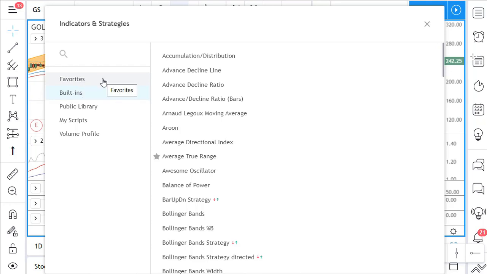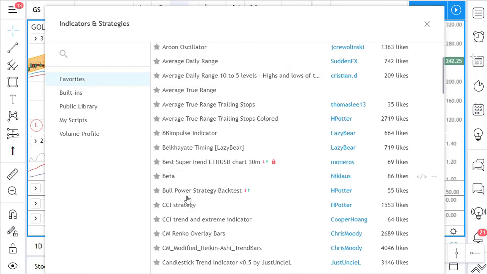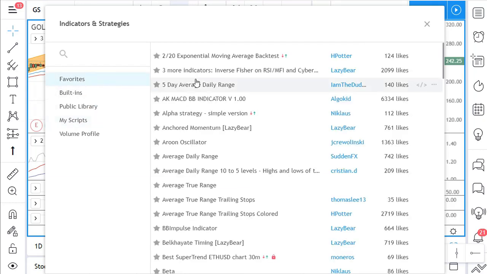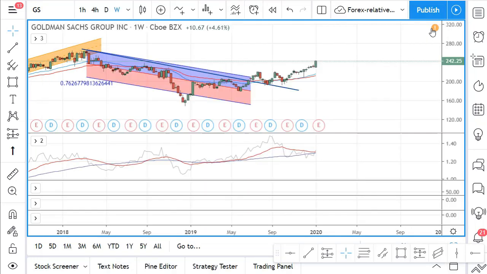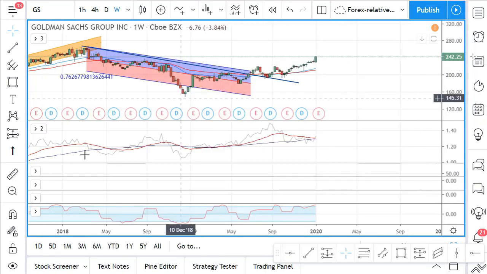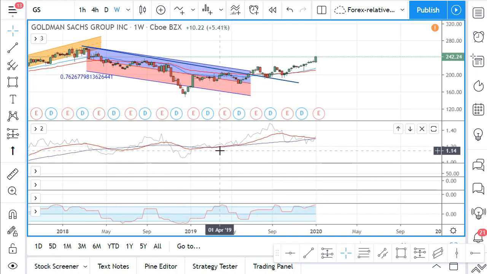Next time you go into Tradingview, you go into favorites, and you will have the indicator in your favorites, or maybe under my scripts it might also be there. But if there are any problems, just write me and I'll help you find it. As soon as you have it in your favorites, you can just push it, and it will push the indicator in here, as I do, for instance, with a rune oscillator. As soon as I push this one, you can see I'm getting a new indicator down here. So that is how you get it. And as I said, if there are any problems, just write me and I'll help you get it.